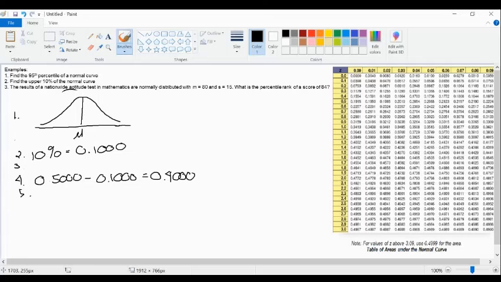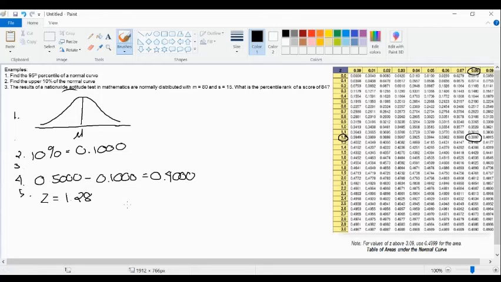That is 0.3997, which means its z-score is equal to 1.28. Okay, so z-score is equal to 1.28.